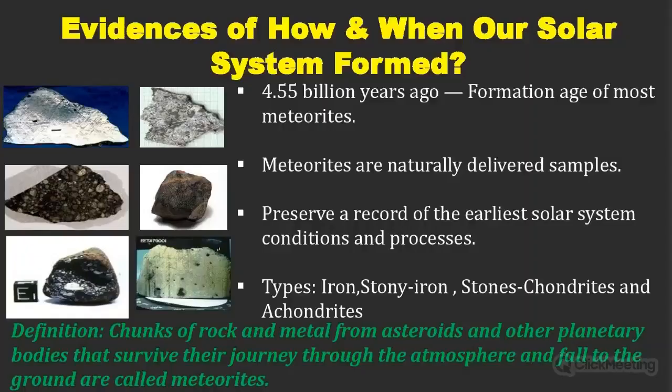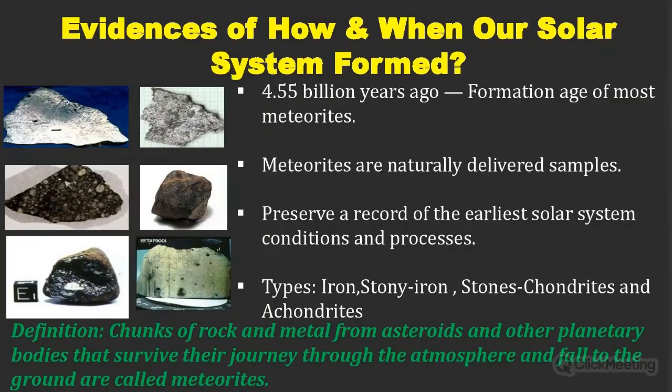So what kind of evidences do we have which can enhance our understanding of solar system formation? These are just some samples of meteorites. Meteorites are basically rocks and metals from asteroids and other planetary bodies that survive their journey through our atmosphere and fall to ground.